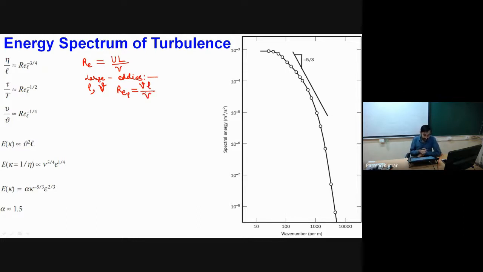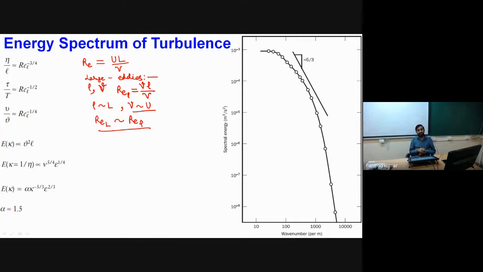Now, as I told you just now, for large eddies the length of the eddy will be almost of the order of the length of the pipe, the characteristic length dimension, and similarly the velocity of large eddies will also be of the order of the velocity of the mean flow. So under this circumstance, I can simply say that the Reynolds number of the mean flow is of the order of the Reynolds number of the large eddy.